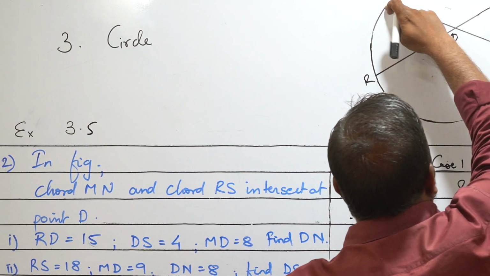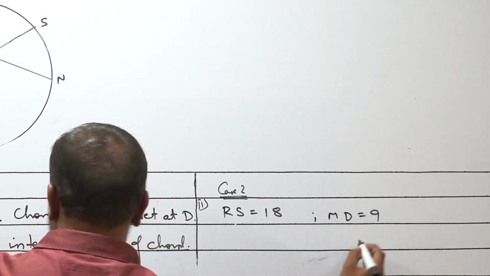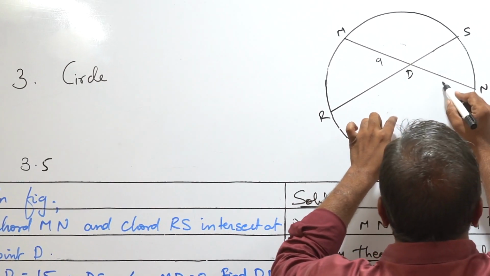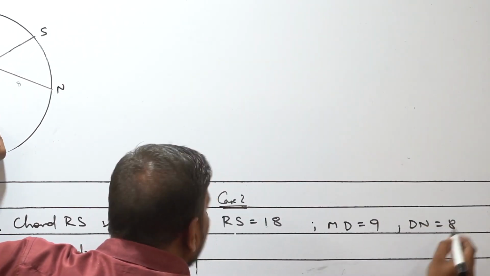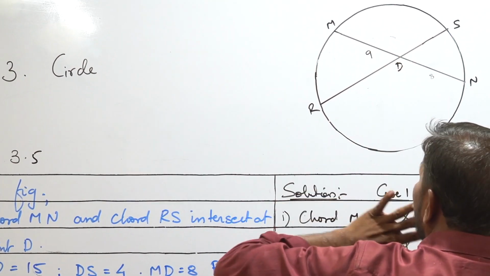MD is 9. DN is 8. They have asked us to find DS.